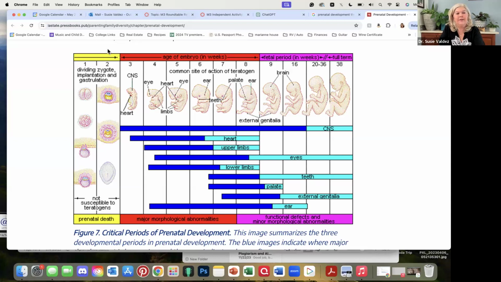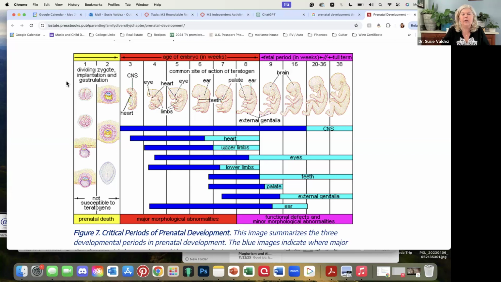You can see right here in the beginning, this is the germinal stage, the first 2 weeks of life, where the zygote, so we've got the sperm and we have the egg. They have met together. That's two gametes. Gametes meet the zygote, and the zygote goes through implantation and gastrulation.